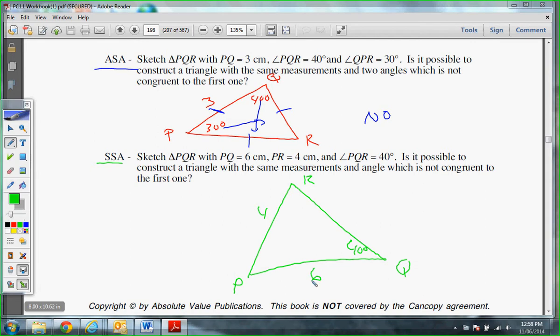Okay, so now if I look back to what I've been telling you, this side goes with this angle, so that's one side locked down. This side is locked down, but the one we don't have anything about, P, we have nothing with those. So we only have 2 of 3, so this is not a congruent statement.